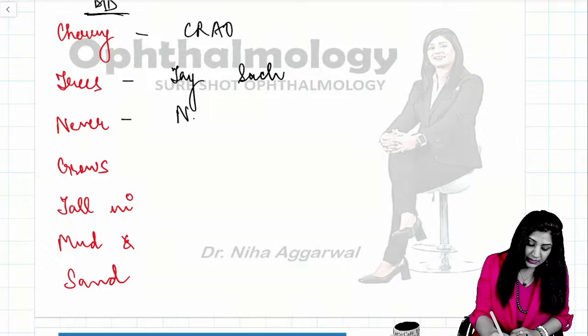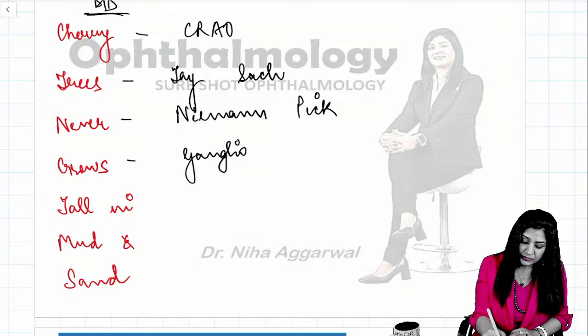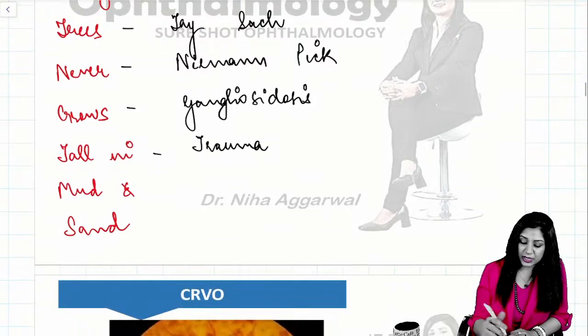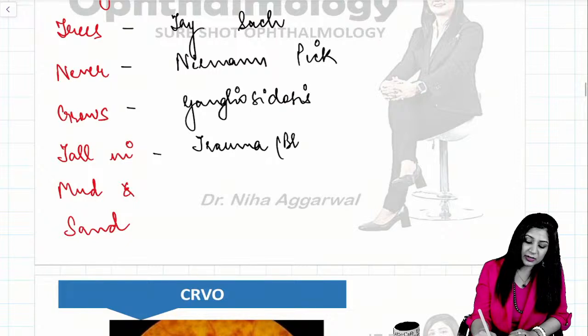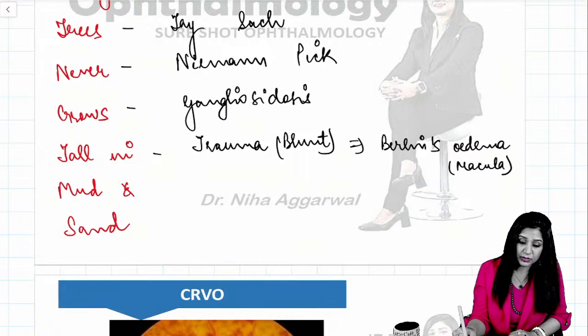Then we have Niemann-Pick disease. Then gangliosidosis. Then T for trauma. Trauma also can give you the cherry red spot, especially blunt trauma, which will lead to Berlin's edema, which occurs in the macula.